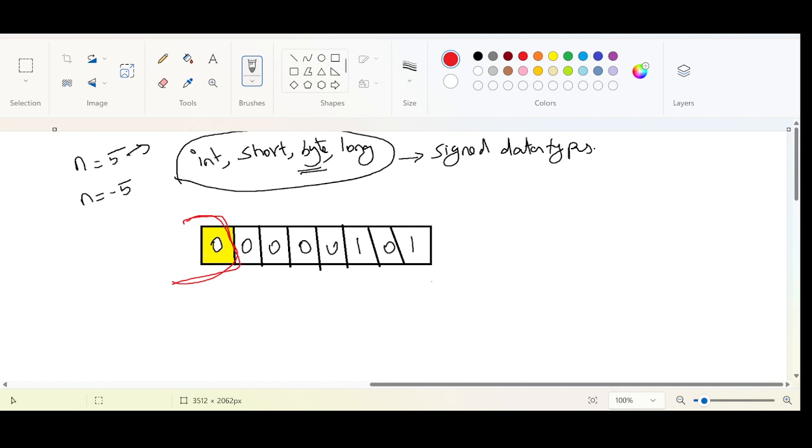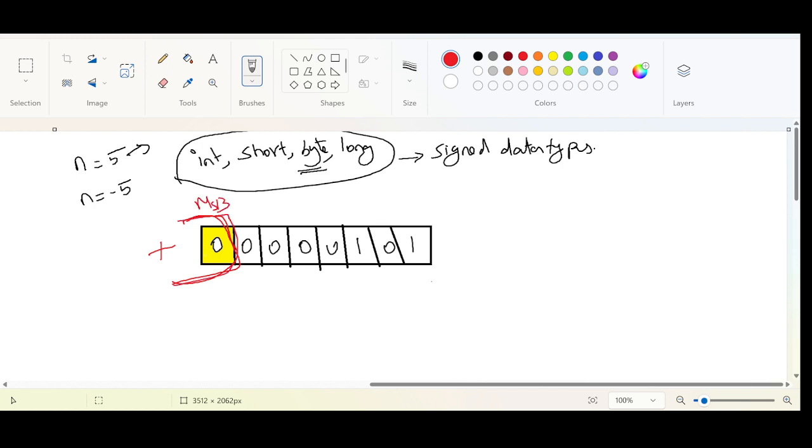When it is 0, the number is a positive number. When it is non-zero, that is, 1, the number is going to be a negative number. We call this the most significant bit, MSB.